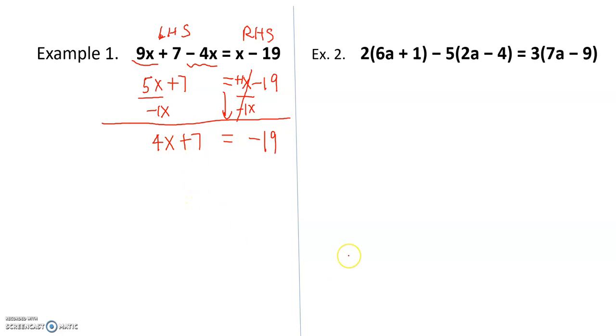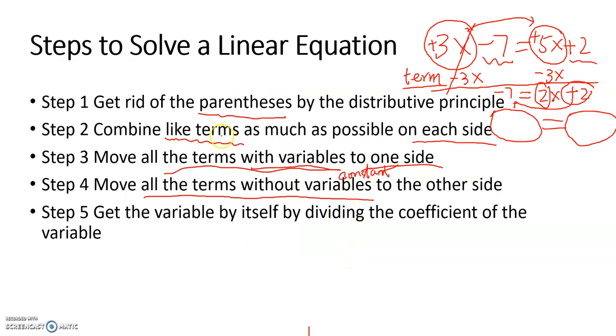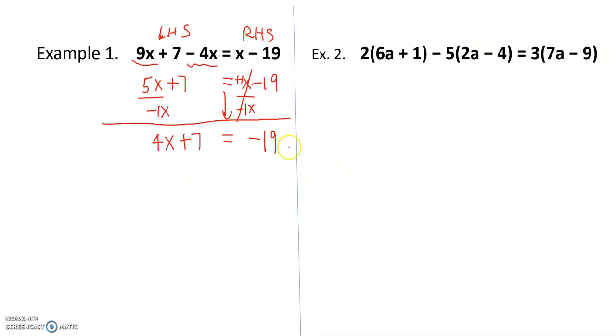And now we finished the third step. We moved all the terms with variables to one side. Now we can move all the terms without variables to the other side. Let's see, we have this one without variables, that one without variables. We call them constants. So we can move 7. Since we already have 4x on the left-hand side, we want to move 7 to the other side.